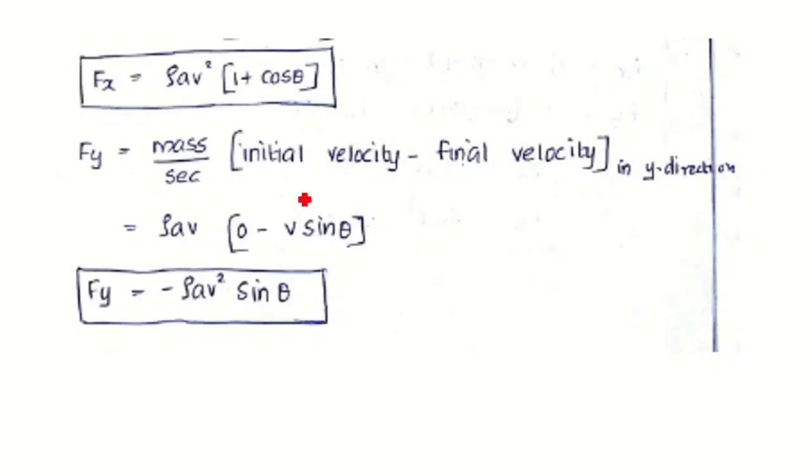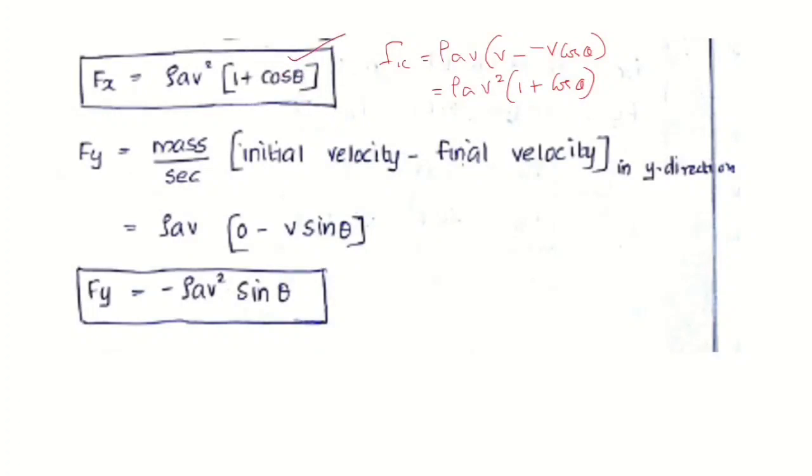So the equation becomes F of x is equal to rho a v into v minus v cos theta, which becomes rho a v square into 1 plus cos theta. So this is the equation.